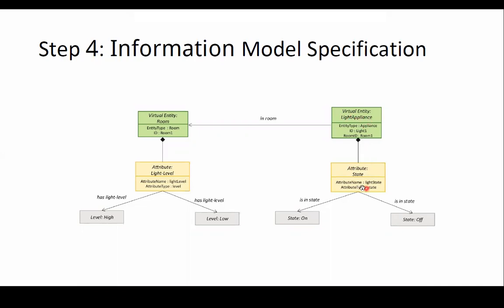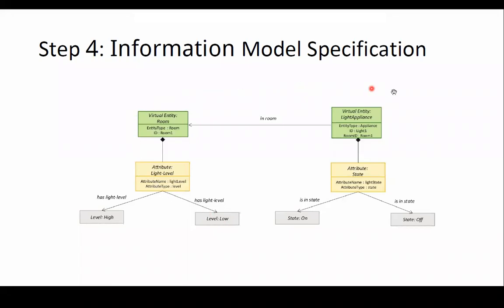This light appliance will have some attribute like state. What is the state of this particular light appliance, whether it is on or whether it is off. So this is the state in the case of your virtual entity light appliance. And if we are focusing from the room point of view, then there will be the intensity of light, that is light level, whether it is high or whether it is low.